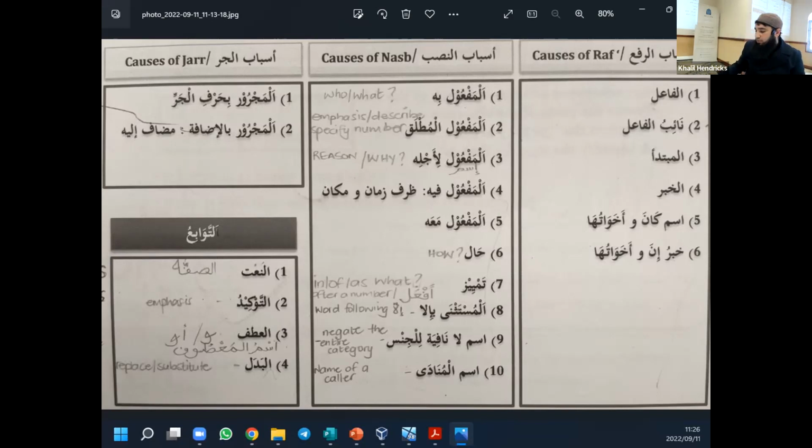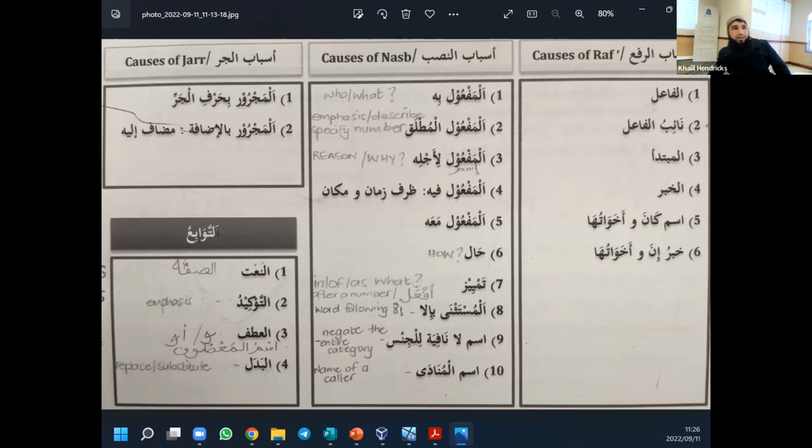So now you can write this down. So what are other huruf of atf? There's one there on the board. Yes. It's in the grammar book. Okay.